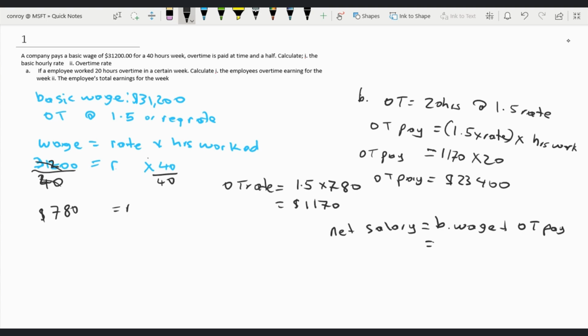So our basic wage, which was 31,200, plus our OT pay, which is 23,400. Adding both those together, our salary should be $54,600. Now that answers our first question.